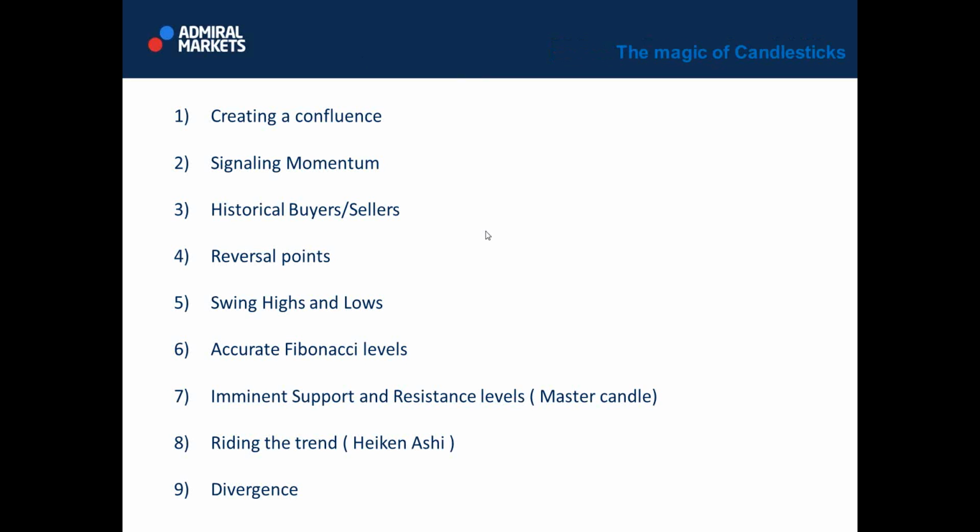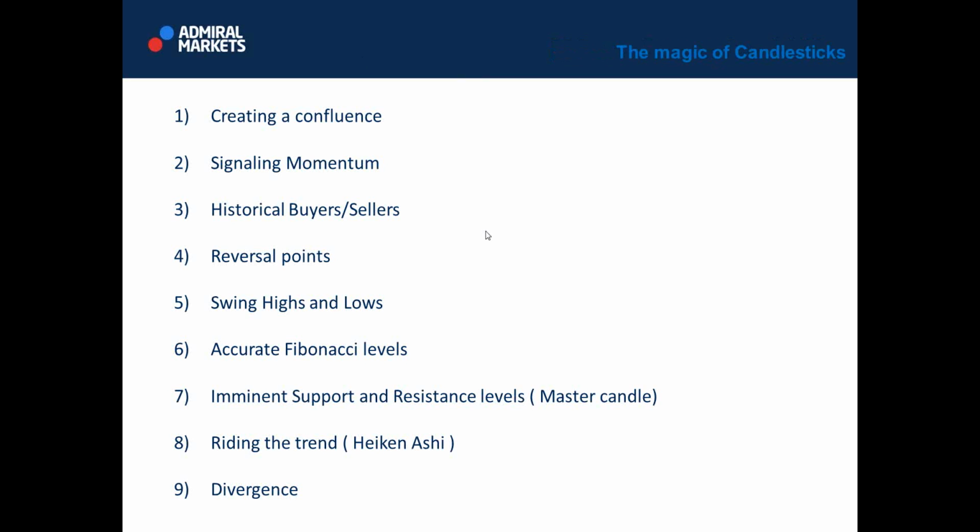According to what I think, candlesticks have 10 very important points which we can call the magic of candlesticks. They create a confluence point. They signal momentum and can give us momentum trades. We can find historical buyers and sellers by using candlestick patterns. We can also use reversal points with candlestick patterns.